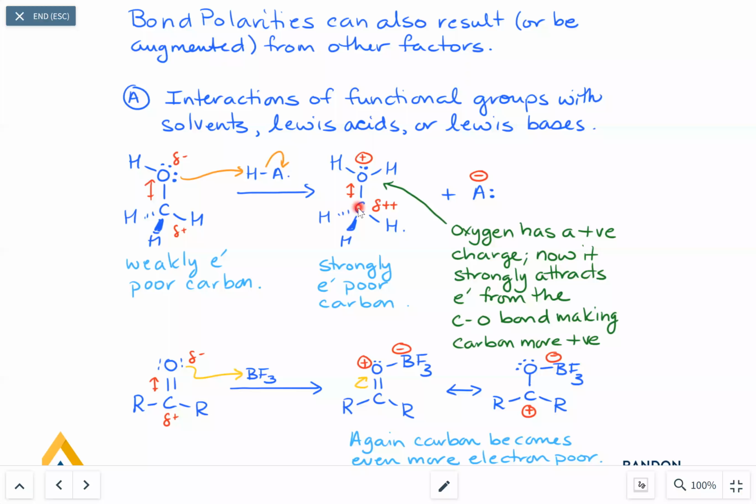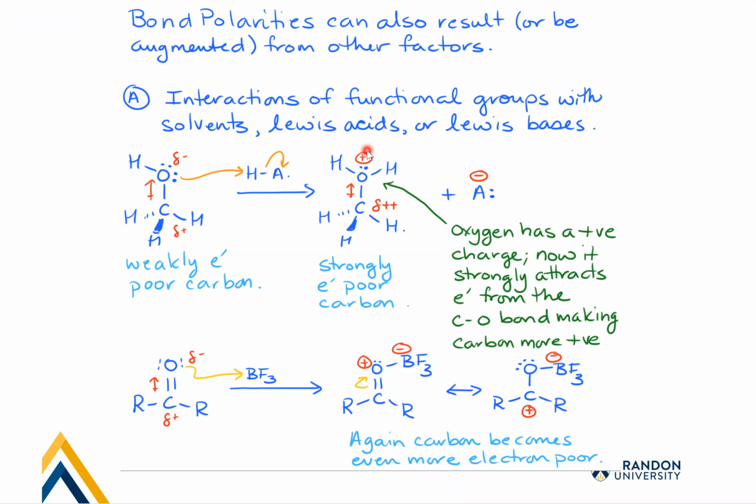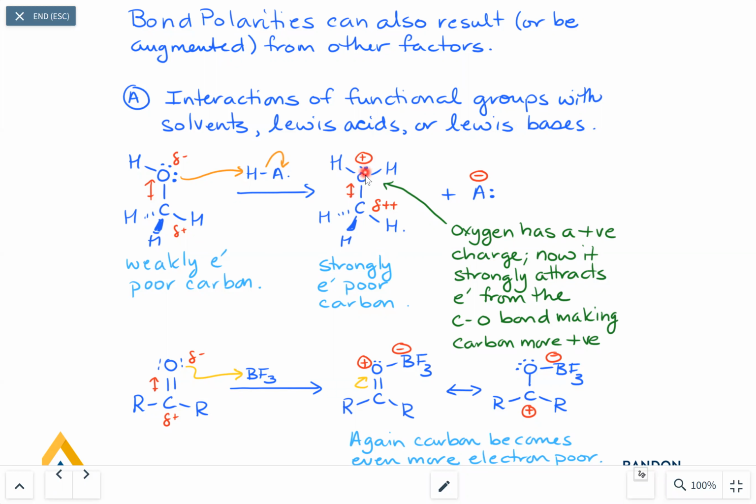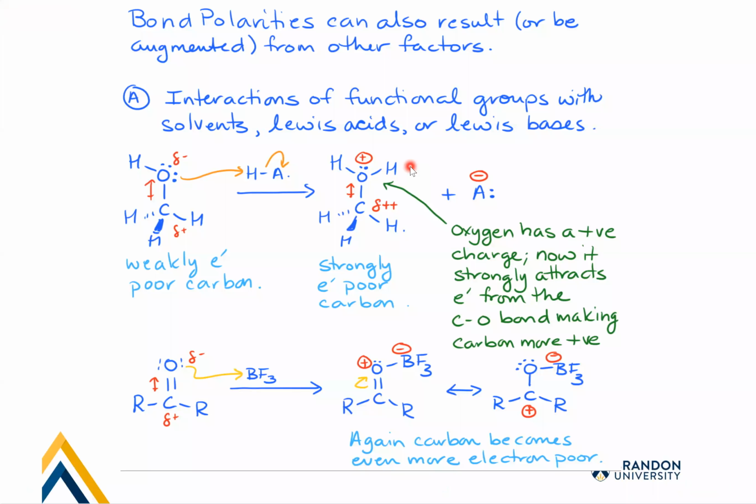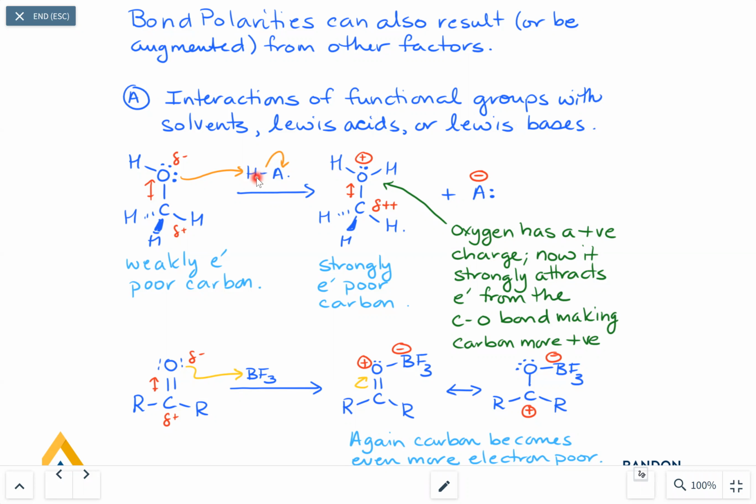Once this happens, this carbon becomes even more delta positive because the electronegative oxygen is now bearing a formal charge of plus. And so electrons are shifting even more towards the oxygen in this sigma bond. So it becomes a really electron poor carbon. This is one method of increasing the reactivity of a carbon bonded to an alcohol: by protonating that alcohol with an acid. HA would just be some strong acid here.